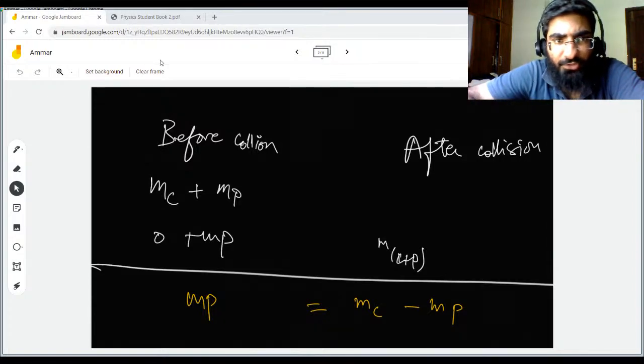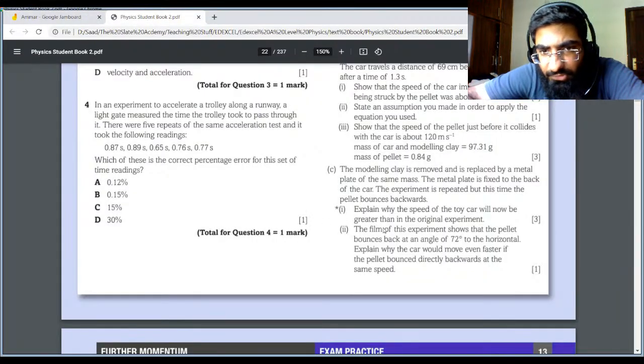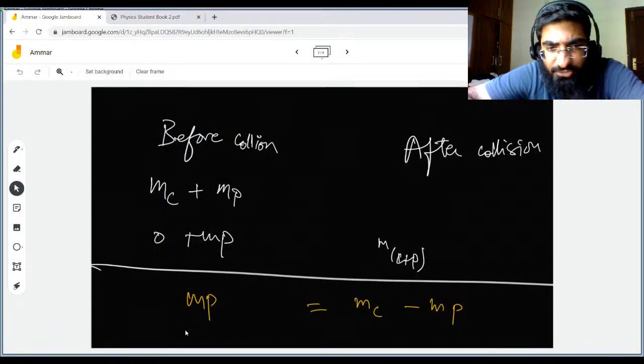Does it say it would go back with the same velocity? It does not. It just says that it bounces backwards.